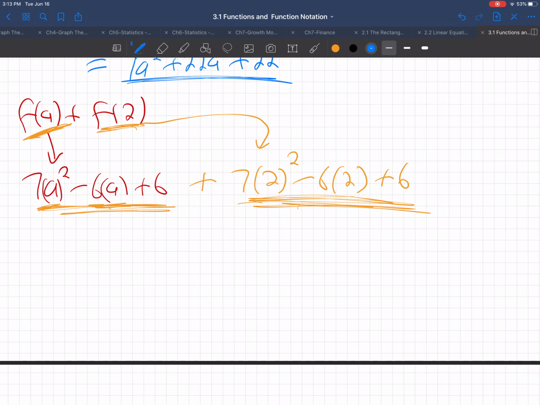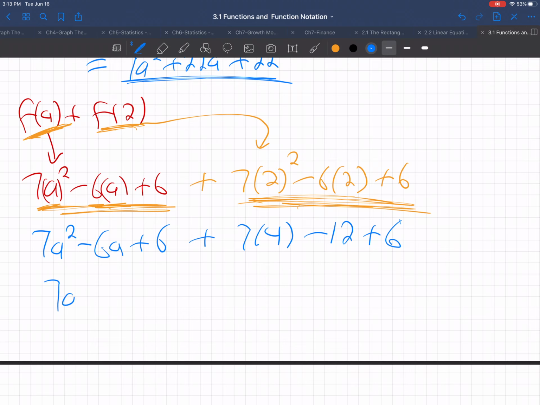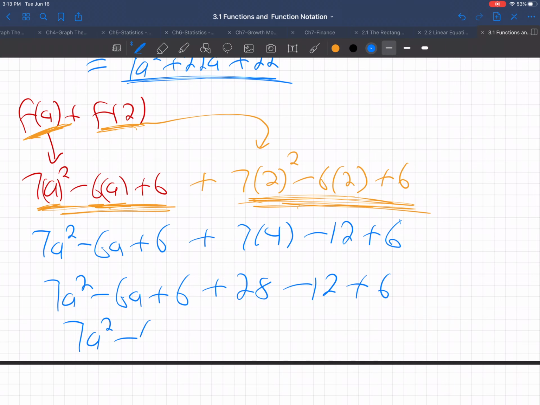Now we have to work that out. What is that going to be? 7a squared minus 6a plus 6 plus, this is 7 times 4 minus 12 plus 6. So 7a squared minus 6a plus 6 plus 28 minus 12 plus 6. What is that? I think it just comes out 28.